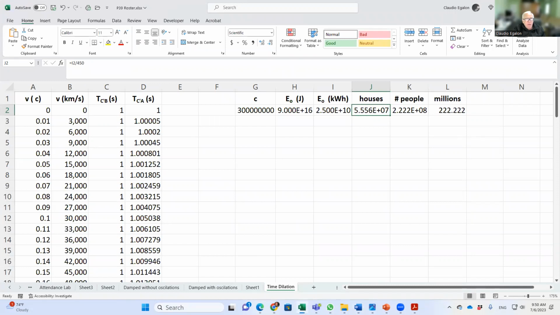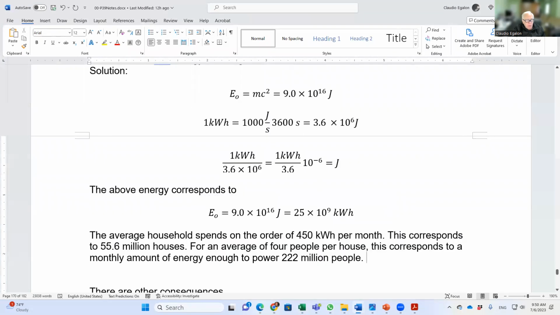That's what we call a back of the envelope calculation. 222 million people, right? Is the population of Brazil, the population of Nigeria.